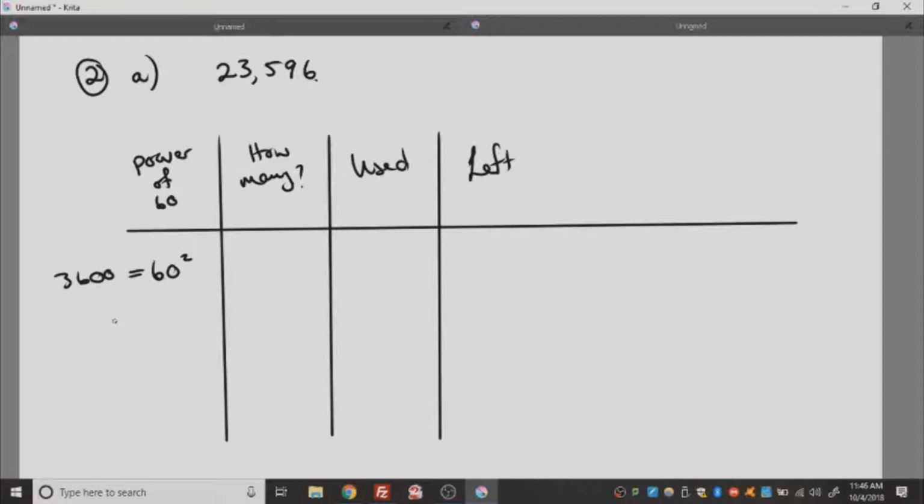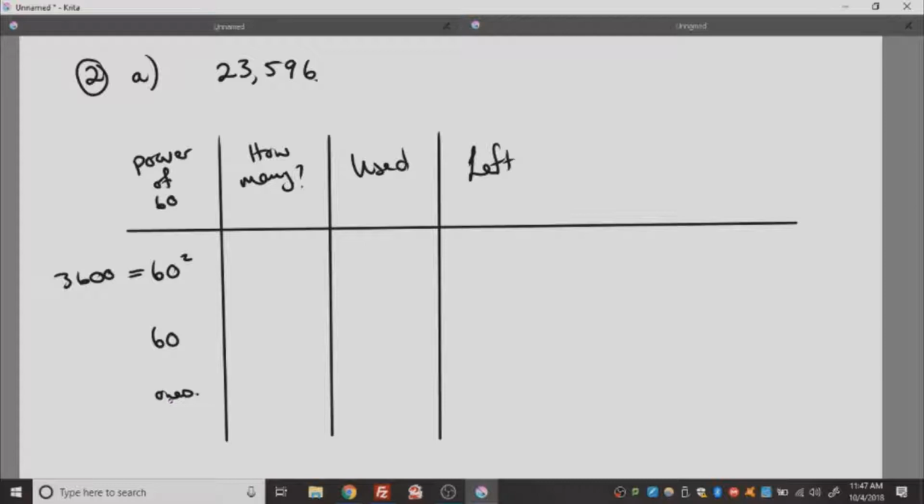We're not going to go past 216,000, so don't worry. If you can do the small numbers, you can do bigger ones. And then once you've decided on the biggest one that can fit, we have to go all the way down. Can't skip any once I have my starting point.